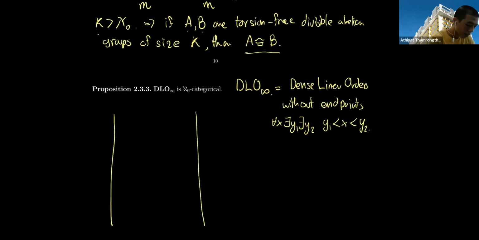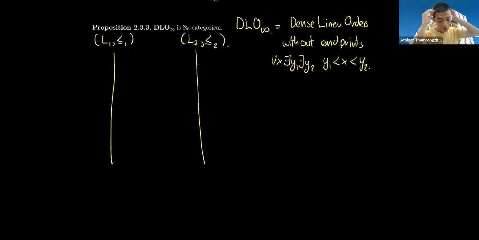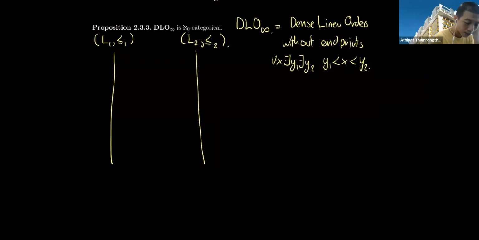Let's say that I have a dense linear order L1 with less than or equal to 1, and here I have L2 with less than or equal to 2. This proof is by Cantor. Now let's see how we can prove it.